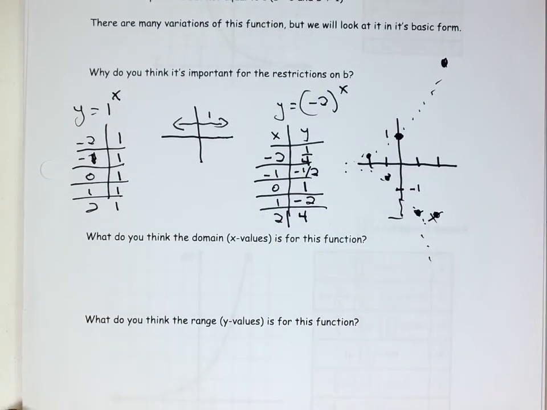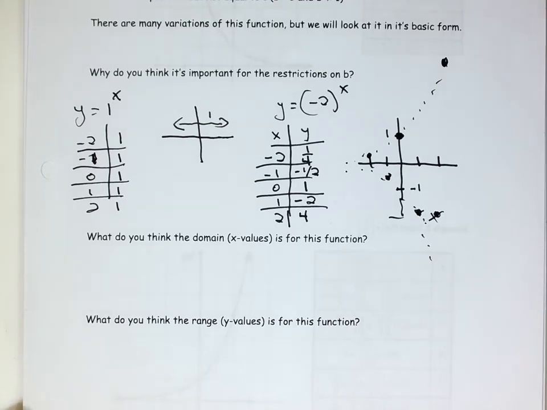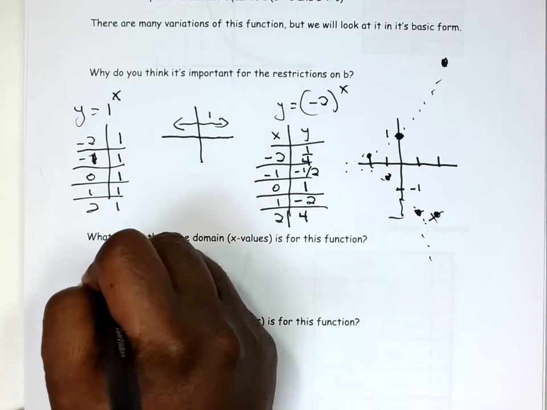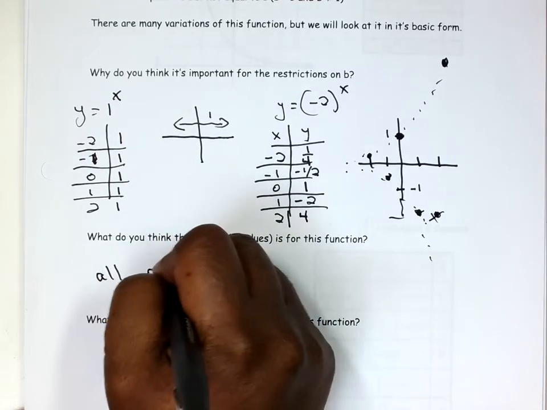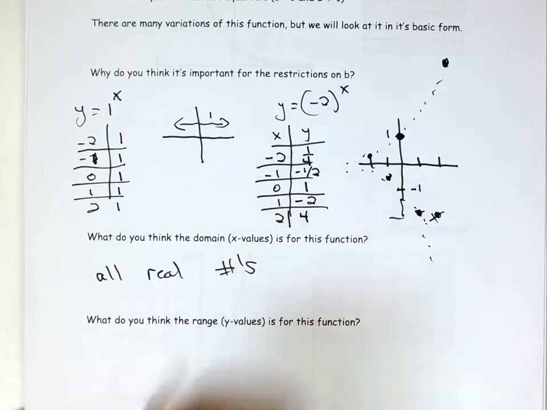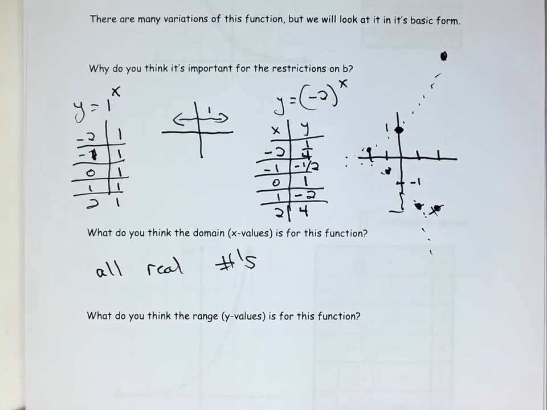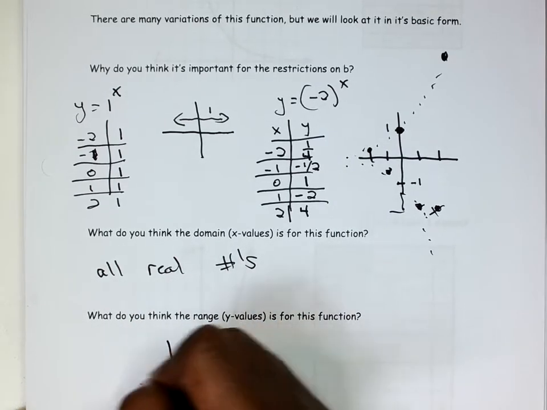So the domain, the x values, well, I can take a real positive number to any power I want. So the domain is going to be all real numbers. Well, how about the range? I'm taking a positive base and I'm taking it to a power. So there's no way I could get anything negative.